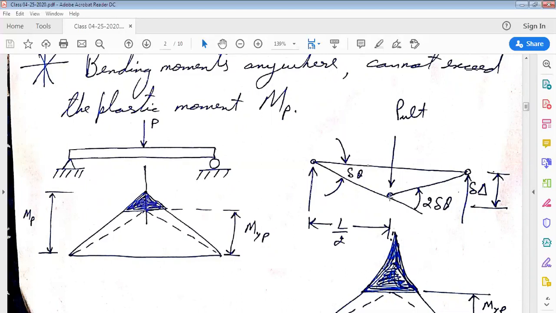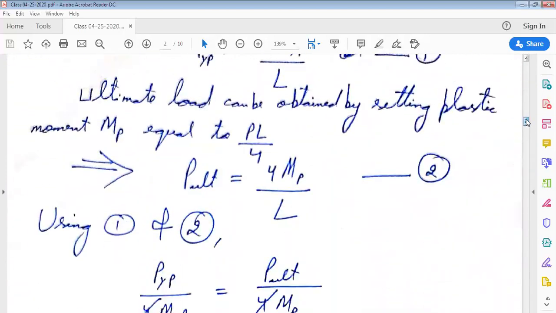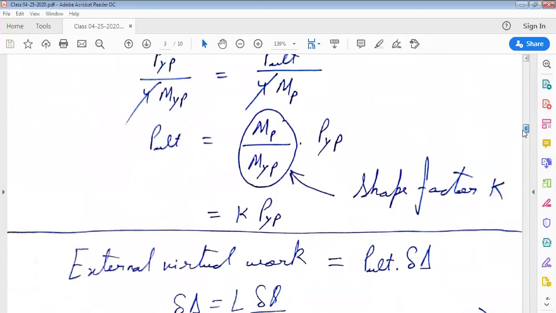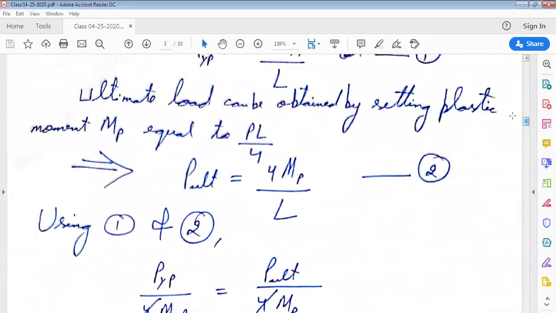So the internal virtual work becomes MP into 2 delta theta. And from here we can find P ultimate equal to 4 MP by L, which we had also arrived at using the equilibrium method.